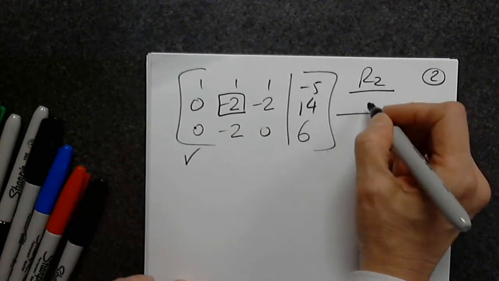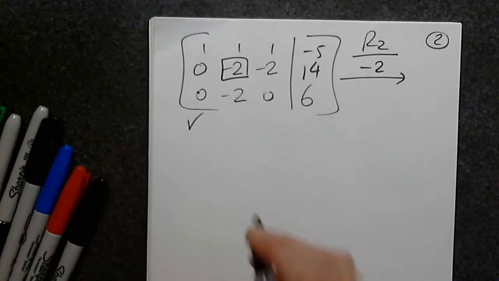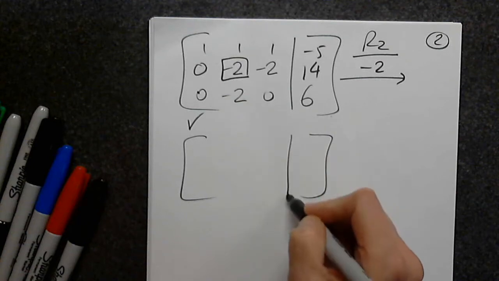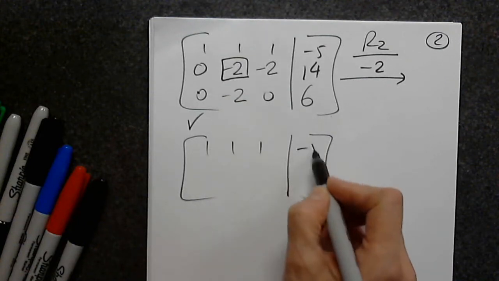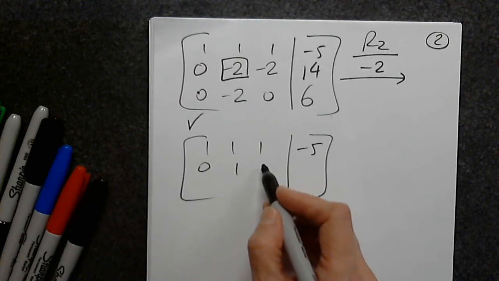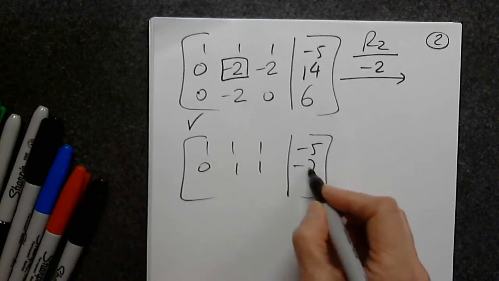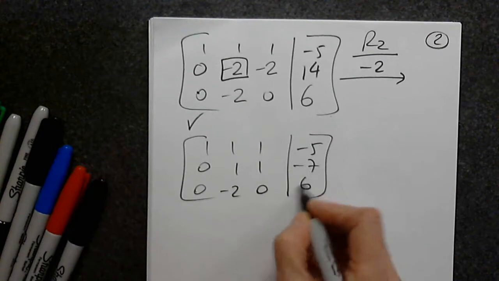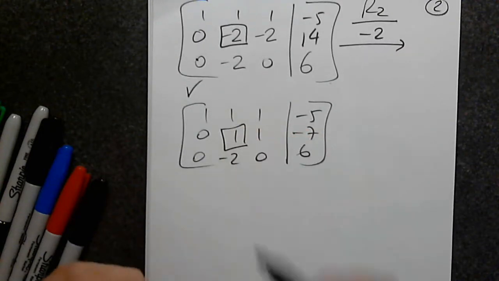So row 2 divided by -2. Is that clear? 1, 1, 1, -5, 0. Very good. This is the mandatory step. If I don't have a 1 in the middle, I cannot eliminate the zeros, top and bottom.